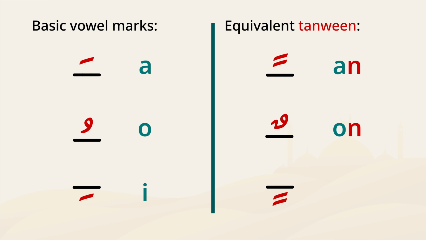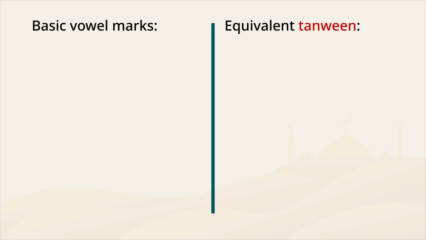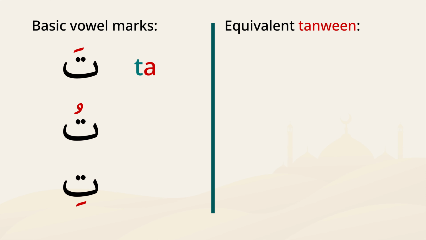Let's apply this to a single letter for practice. Take the letter T. By itself, it's a consonant and sounds like T. Adding the three basic vowel marks, it sounds like ta, tu, ti.